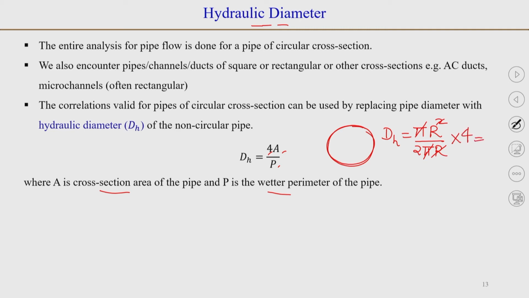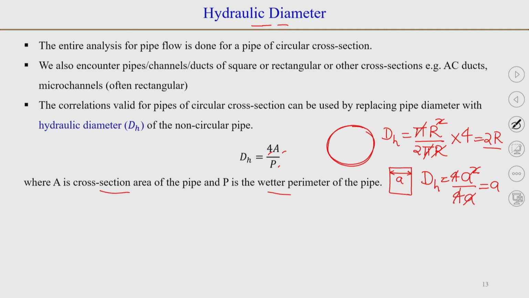So, you will have dH is equal to 2 r. If you talk about, say, a square cross section, let us say this is of side A, then dH is equal to 4 multiplied by the cross sectional area, which will be A squared, divided by 4 A. So, you could simply cancel out everything and you will get dH is equal to A.